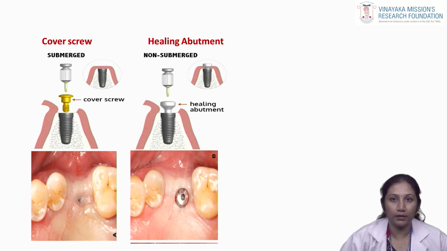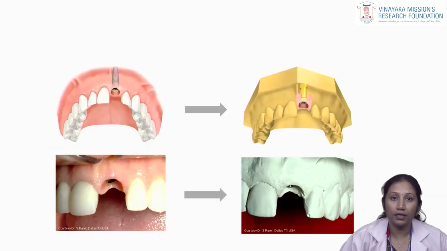This healing abutment gives a healthy, aesthetic emergence profile of the soft tissue around the implant prosthesis. After 10 to 15 days, once the soft tissue is healed, the healing abutment is removed. This picture shows the good soft tissue contour, which gives a good emergence profile for the prosthesis.